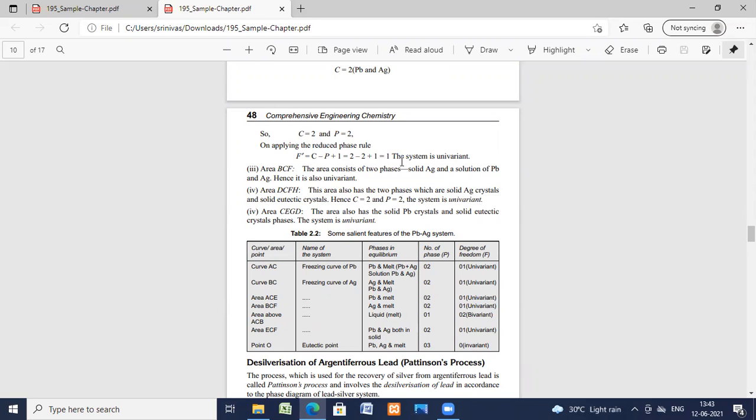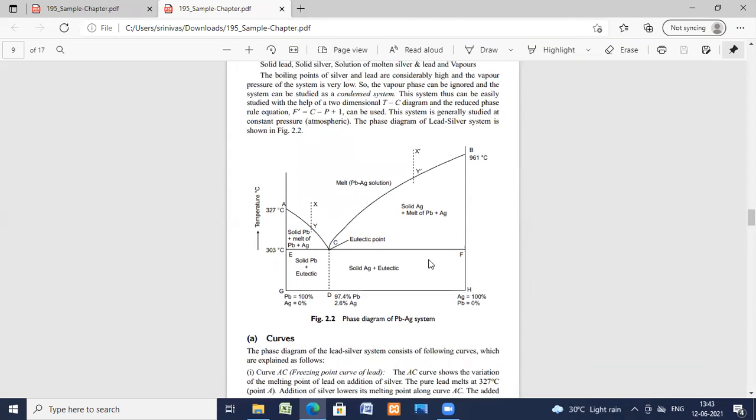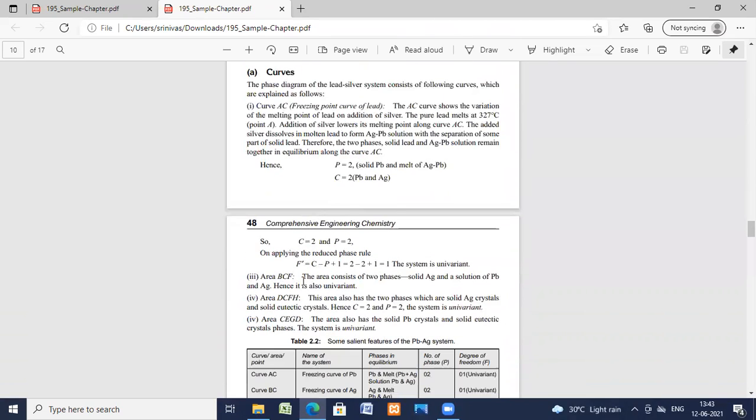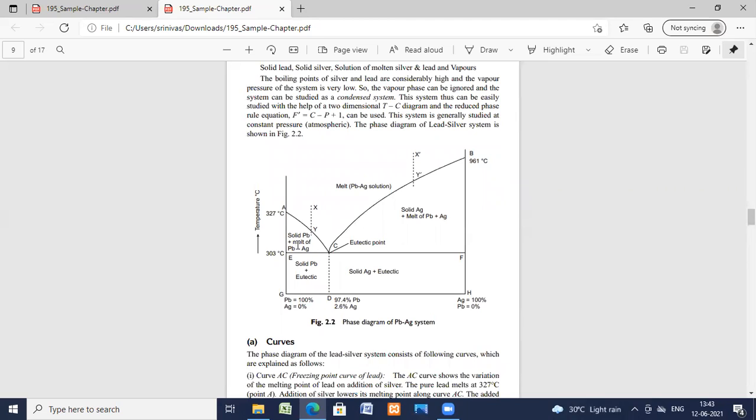Now, what are the areas that remain? ACE and BCF. Already the BCF area is discussed. Now we'll see ACE. You're having solid lead, melt of Ag plus Pb.